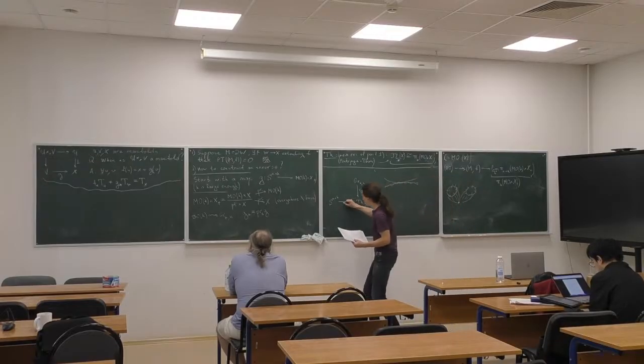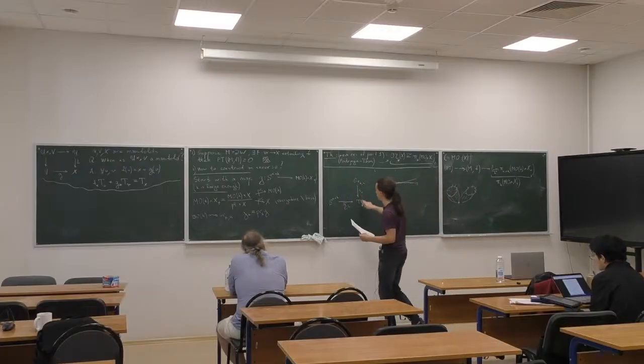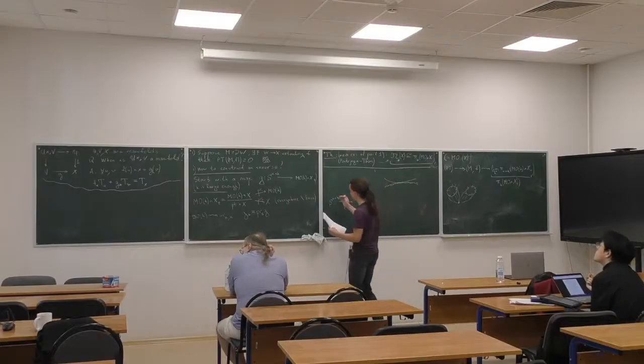Okay, so here we'll have to deform G1 slightly so that it is transverse to the zero section, and then we can form the pullback square.